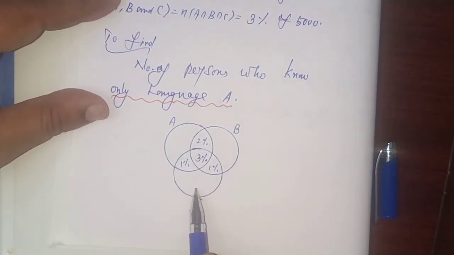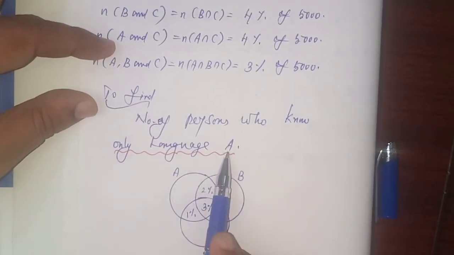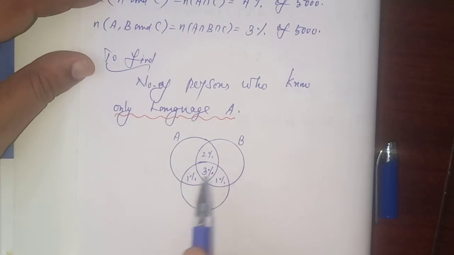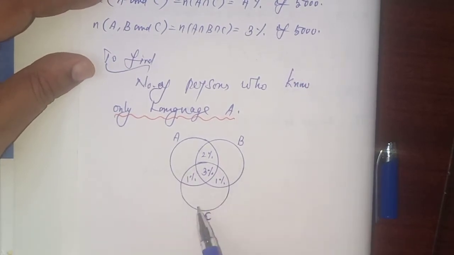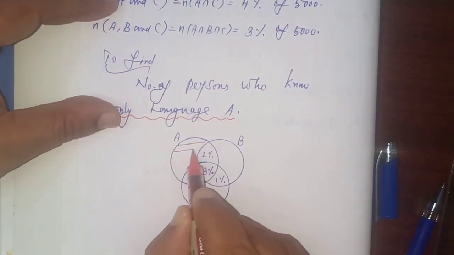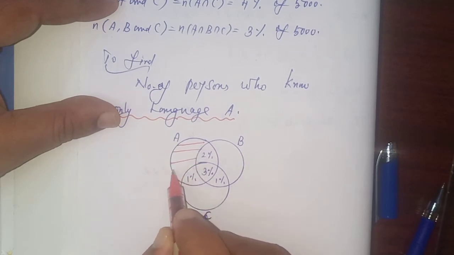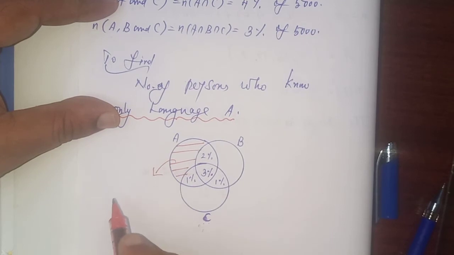This empty portion represents C only. Here you are asked to find out language A only, so you can fill this portion only. That is enough. You need not fill these two. So I highlight this portion. This portion represents A only.